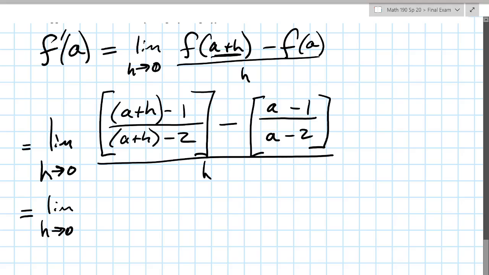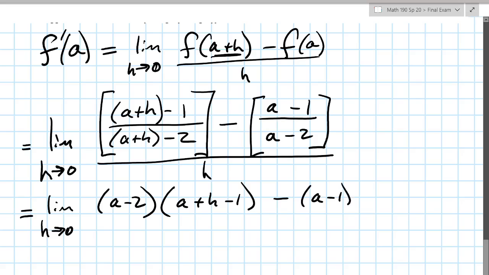So my first fraction needs a minus 2 over a minus 2. The second fraction needs an a plus h minus 2 over an a plus h minus 2. So I'm going to just write it all in this form.